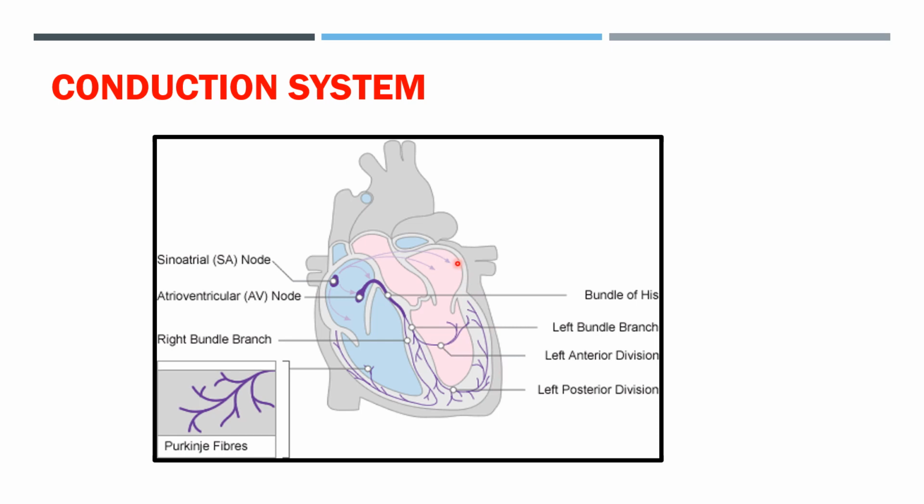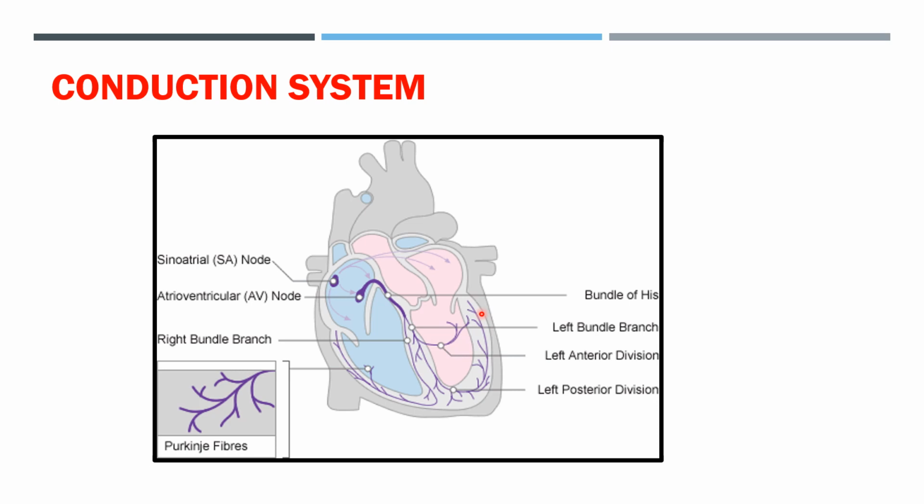Finally, the ventricular muscles are reached. This is the way by which the impulse generated in the SA node reaches the ventricles. The SA node fires at around 60 to 100, the AV node fires around 40 to 60, and the ventricles fire at a rate of less than 40.